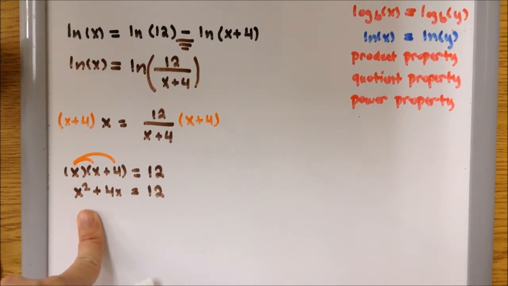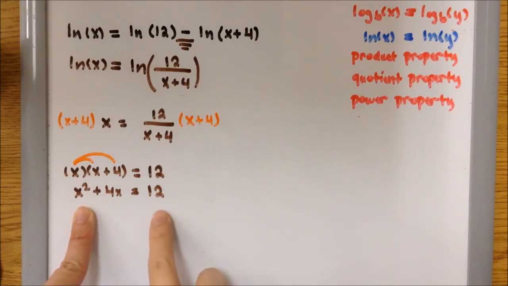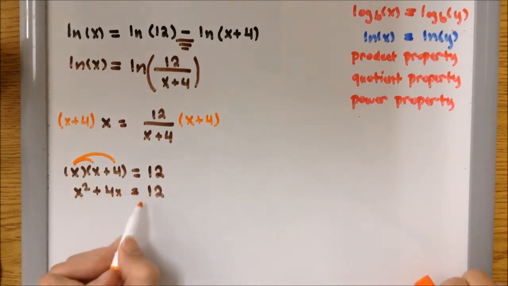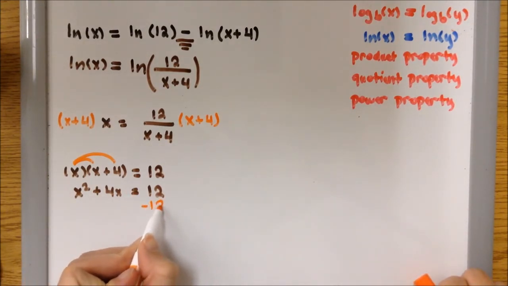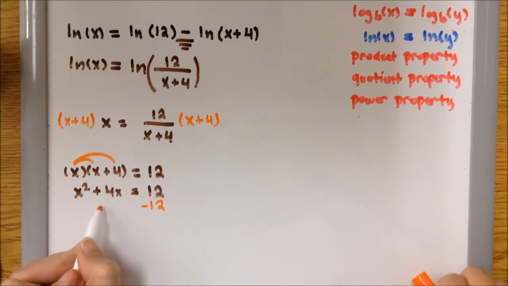But before we can factor, we need to make sure everything's on the same side. My x squared is positive and it's on the left side. So that means I need everything on the left side. We have a 12 on the right, so I want to get rid of the 12 from the right side. Opposite of 12 is minus 12. Since I did it on the right, I've got to do it on the left.